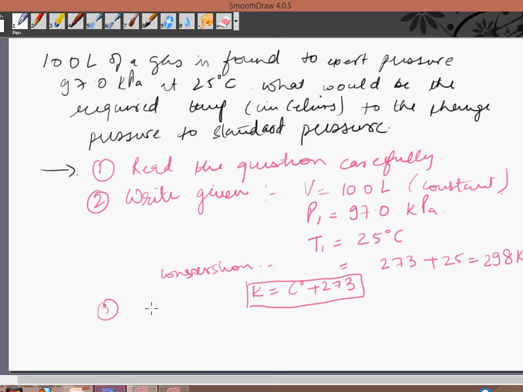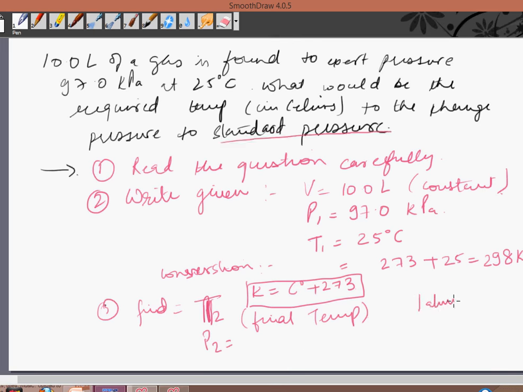Now third, what do we have to find? We have to find P2, that is final. We have to find the final temperature to change the pressure to the standard pressure. That is, P2 is hidden, but it says that it is standard pressure. What is standard pressure?